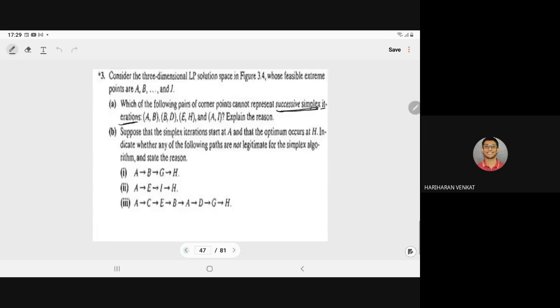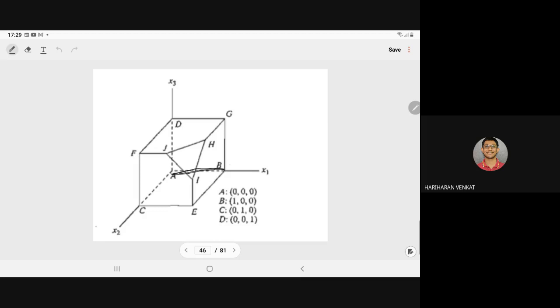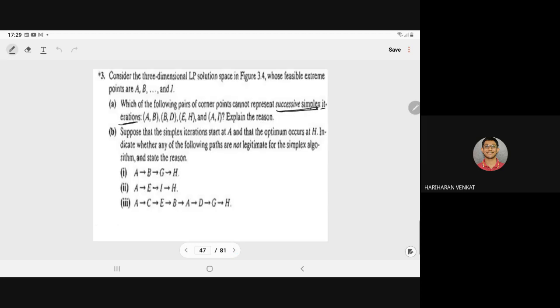Then BD. So this is B, and directly you cannot go. You have to go through G, then this, right? So BD is not a valid simplex iteration. Similarly, EH and AI.